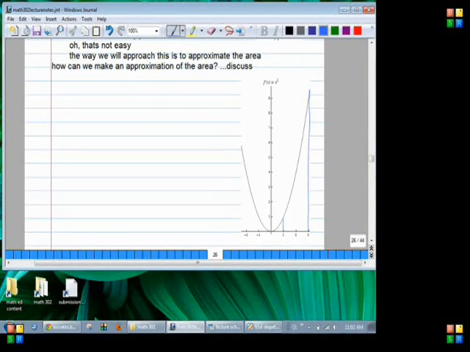Come up with an interval, and then make rectangles out of that interval. The most simple-minded way to do this would be to make one rectangle and hope for the best. Obviously that's not a good idea. So what are we going to do? We're going to make a bunch of rectangles.